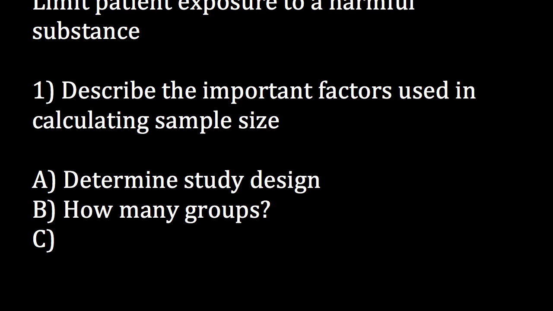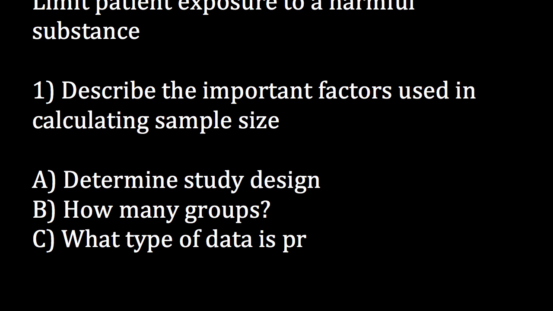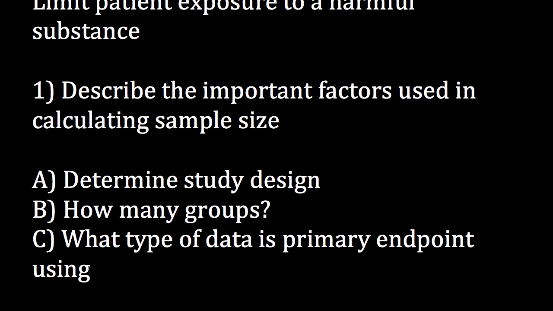Next, we need to find the primary endpoint, and we need to look at the type of data that the primary endpoint is using. So what type of data is the primary endpoint using? And that could be either nominal, ordinal, or continuous type data.